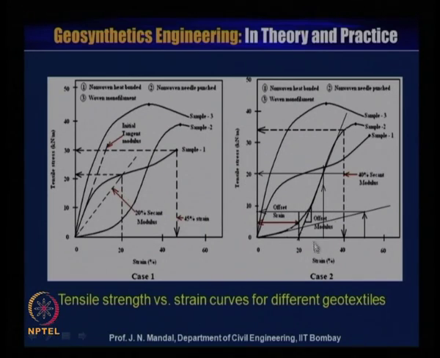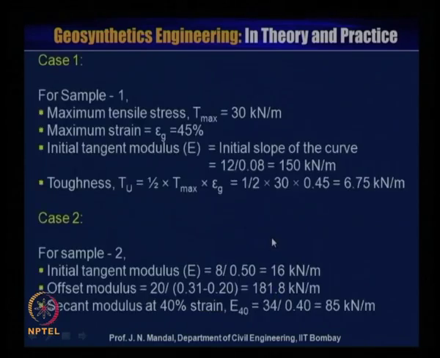So, 20 divided by 31 minus 20 will give you the offset modulus. You can see that the offset modulus is equal to 20 divided by 0.31 minus 0.20, which is equal to 181.8 kilonewton per meter.